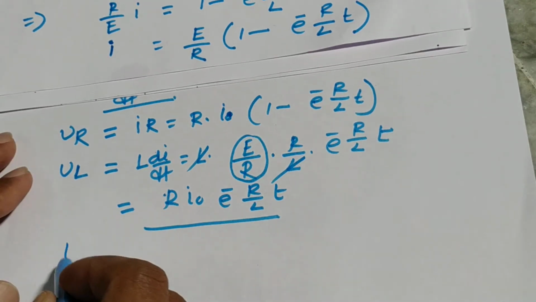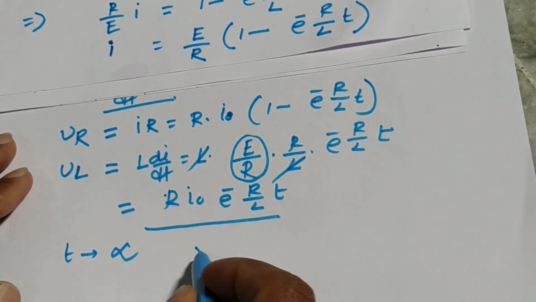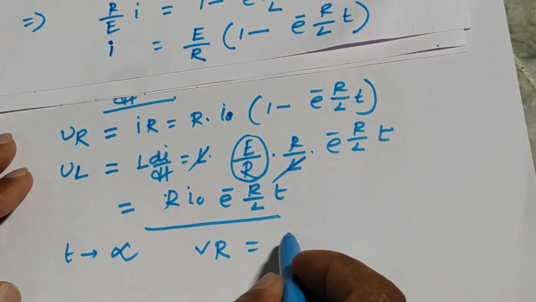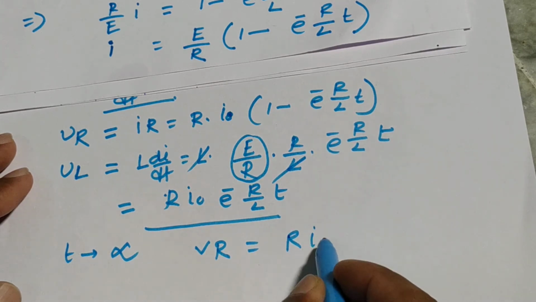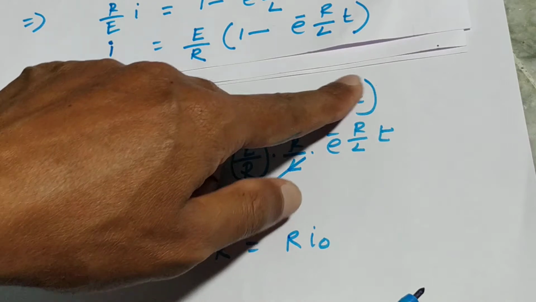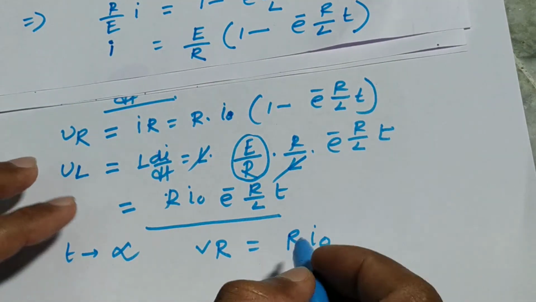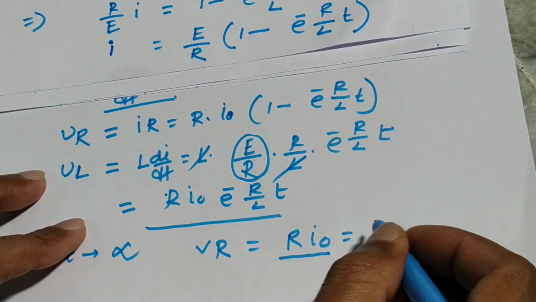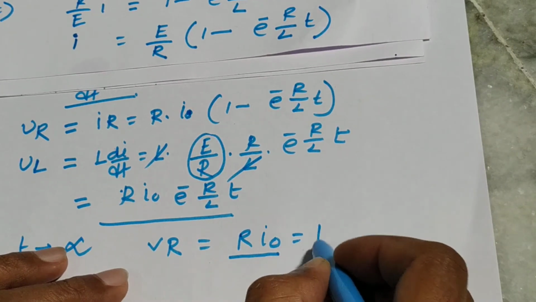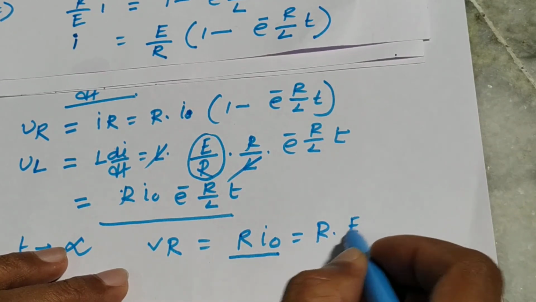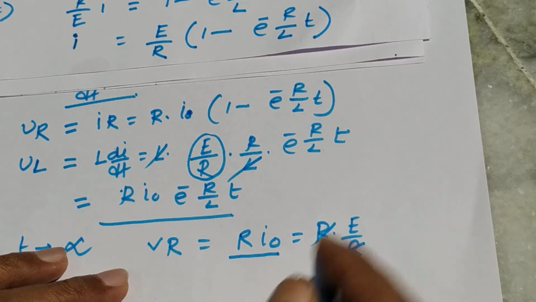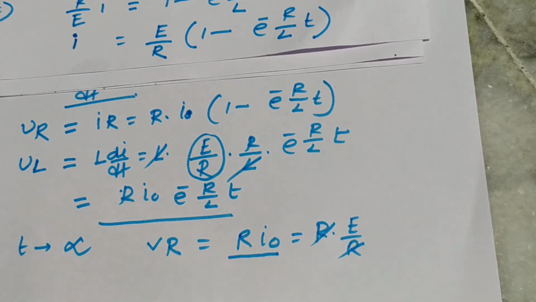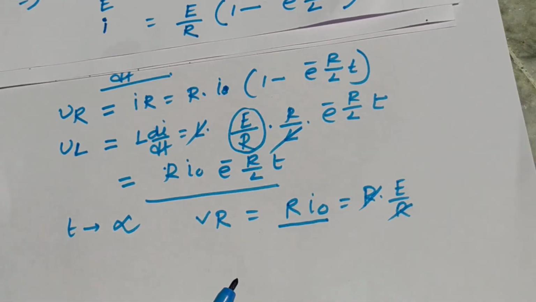So at t equal to infinity, the voltage drop across the resistance equal to R I0, and since I0 equal to E by R, the total voltage will be dropped across the resistance, and voltage drop across the inductor will be 0.